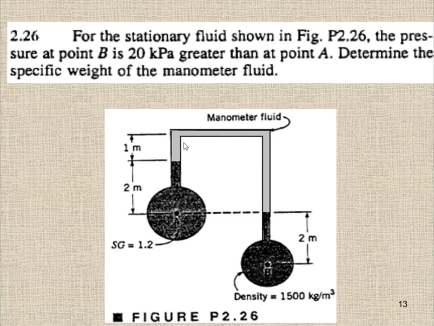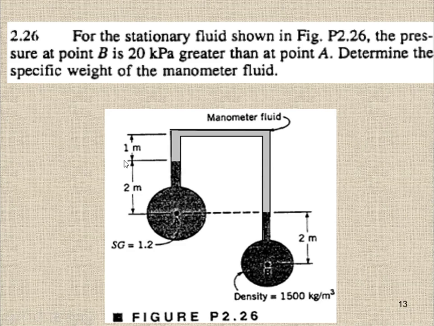Okay, so first of all, what we normally do is make the manometric equation. How can we make the manometric equation? You can see the pressure at this point and the pressure at this point is the same. We can also say the pressure at this point and the pressure at this point is the same.